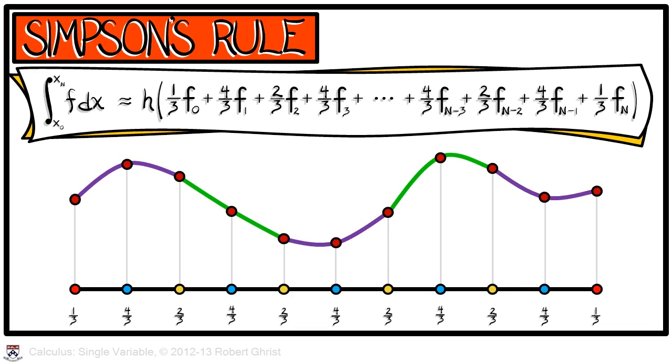We can approximate the integral of f as h, the width, times 1/3 f0 plus 4/3 f1 plus 2/3 f2, etc., with 2/3 and 4/3 alternating until the very end, where the last point, f capital N, has weight 1/3.